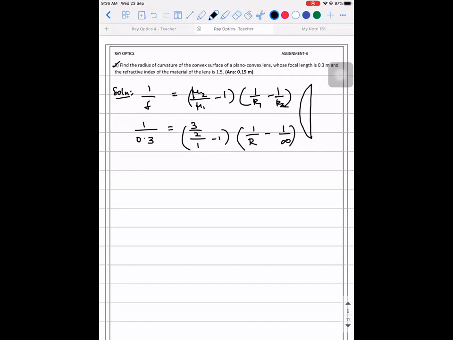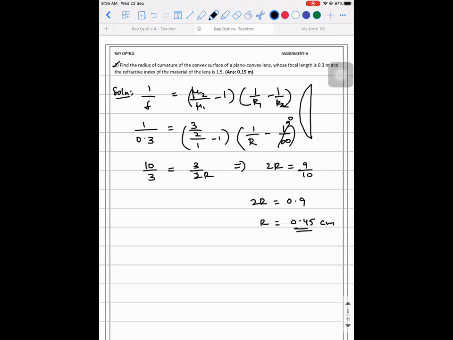So this will disappear. So 1 by 0.3 is 10 by 3, which is equal to 3 by 2R. So 2R is equal to 9 by 10. R will be 0.45.